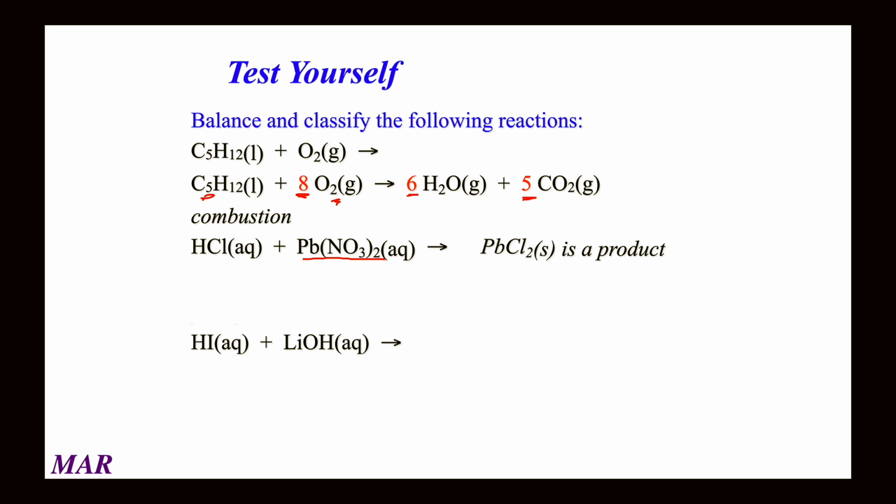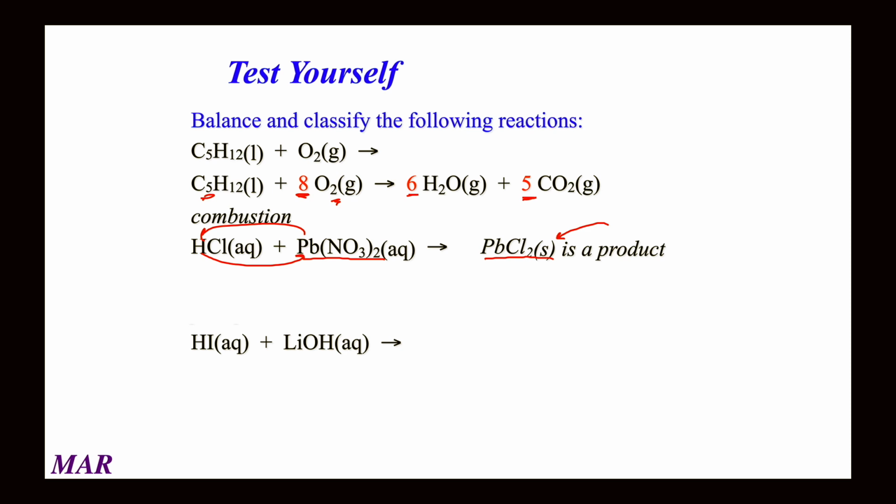So if you go a little further, you can say, oh, wait a minute, PbCl2 is a product, and I don't care about that, but notice the solid. So this one's going to be a precipitation reaction. The H and the Pb are trading places because they're alike. You'll end up then with Pb dancing with Cl.